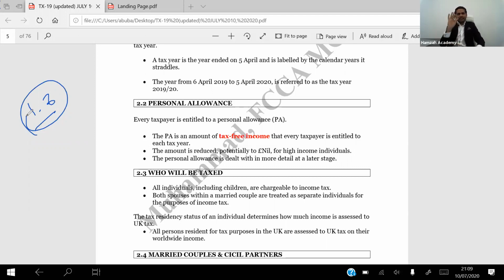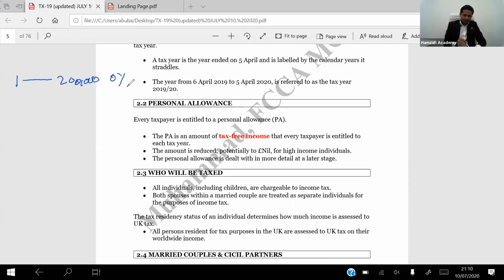It starts the taxation. The first part is the personal allowance. What is personal allowance? I'm going to write down something here, so it will help you to understand. Say there is a country which has a tax system and it says from 1 to 200,000, 0%.